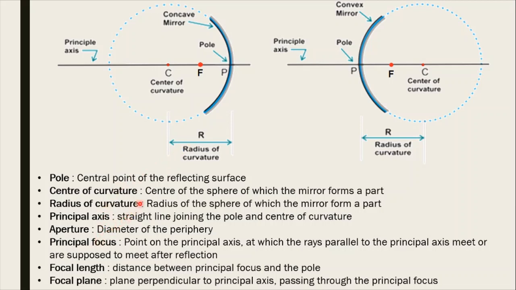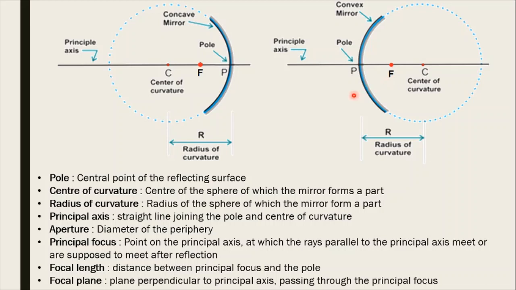The point on the principal axis at which the light rays parallel to the principal axis after reflection from the mirror actually meet or appear to come from is called the principal focus of the mirror. Here, point F is nothing but the principal focus of the concave mirror over here and the convex mirror over here.